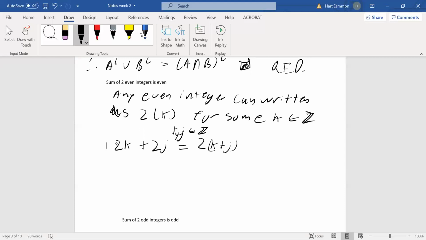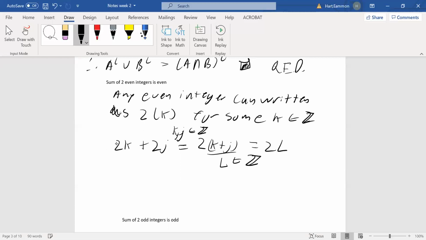And this is just by commutativity and the distribution property. And this right here is going to be equal to some integer L in the integers.